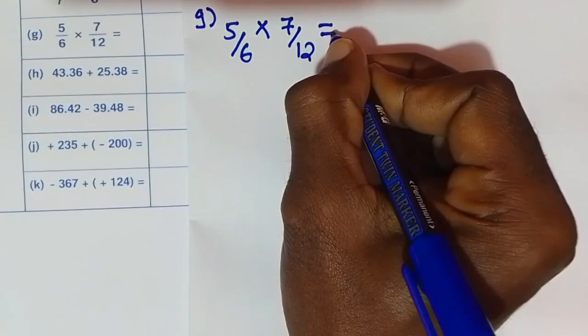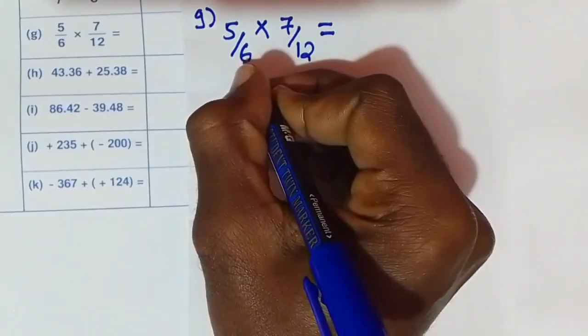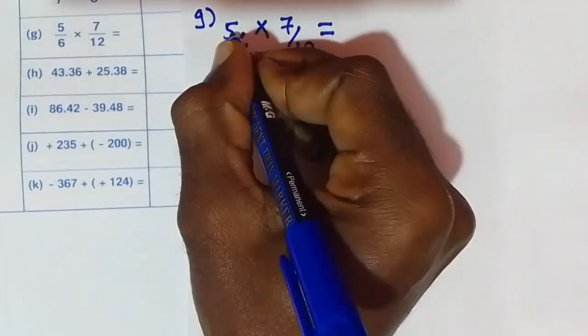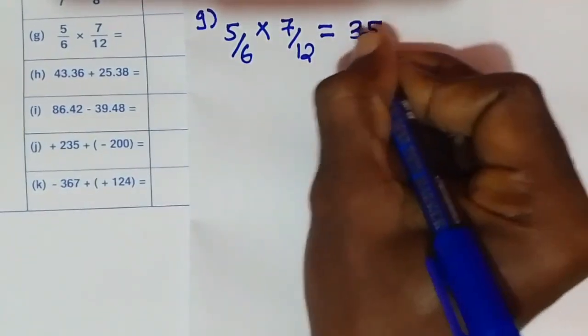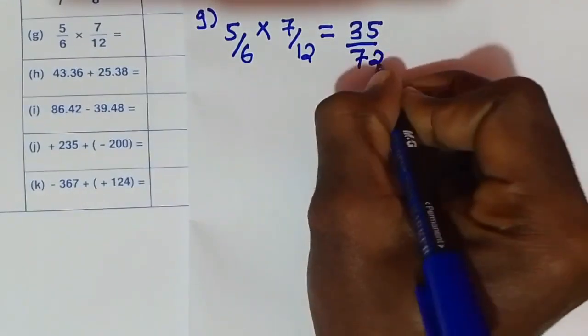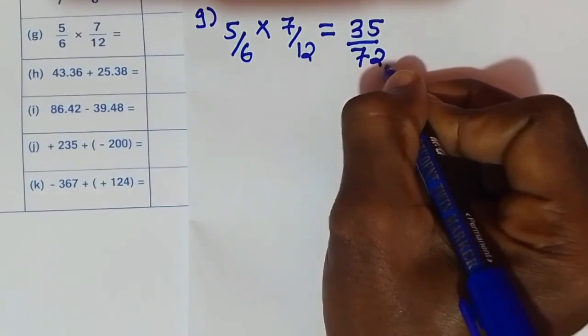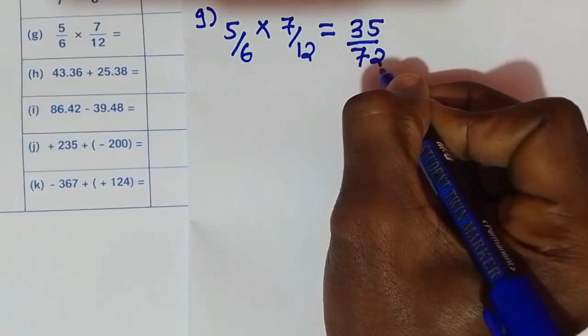For fraction multiplication, we multiply numerator by numerator and denominator by denominator. 5 multiplied by 7, we get 35. 6 multiplied by 12, it is 72. We can't simplify this more, so our answer is 35 over 72.